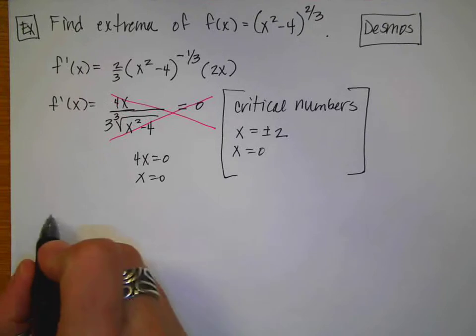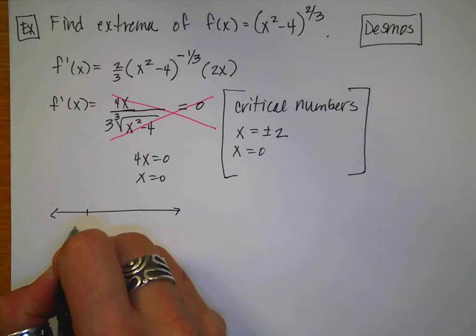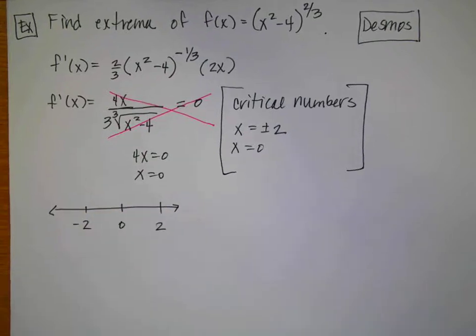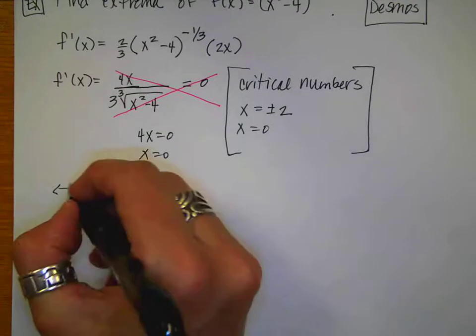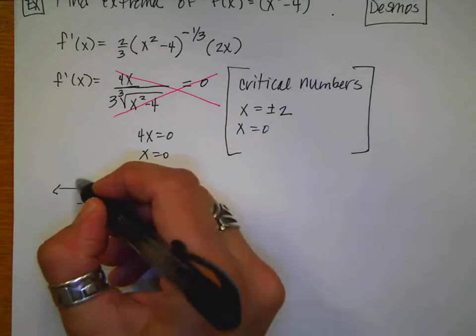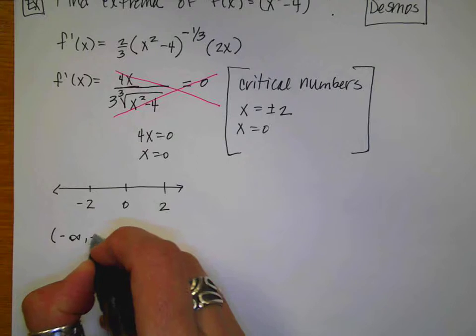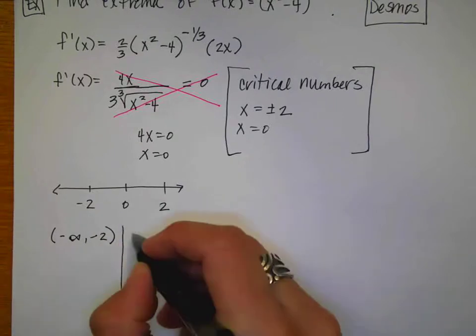Alrighty? So what I'm going to do next is stick those little guys on a number line, because I'm a visual human and I like to see what I'm doing. Here's my 0 and here's my 2. And then I'm going to set up my tabular method. So my first interval is going to be negative infinity to negative 2. Remember, they're not included.